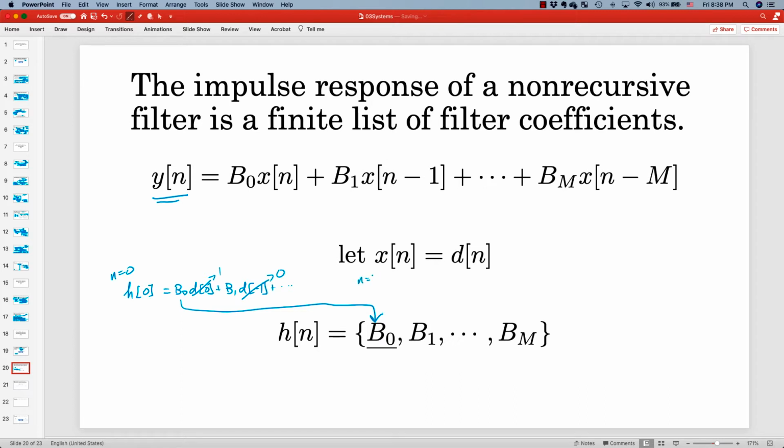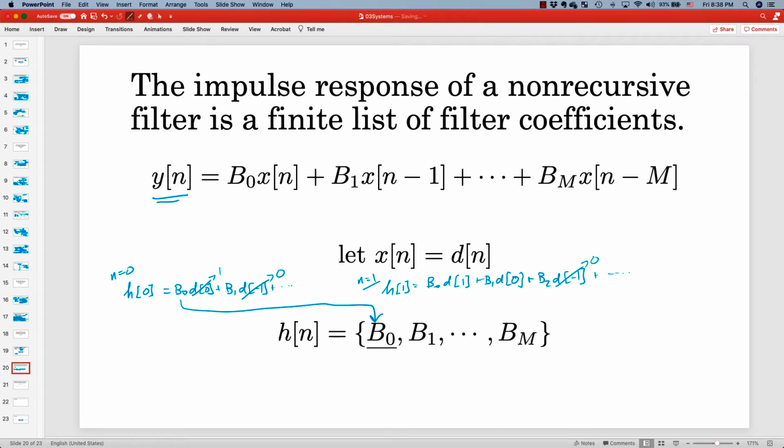So let's turn the crank and try the n equals 1 case. This gives us h of 1 is b0 times the impulse at 1, plus b1 times the impulse at 0, plus b2 times the impulse at -1, and on and on and on.